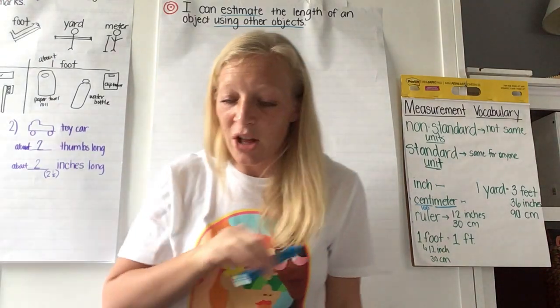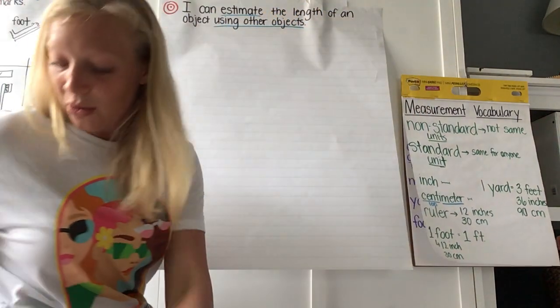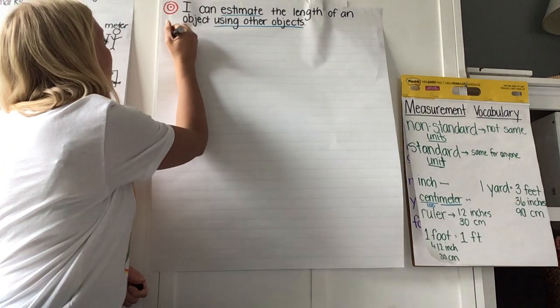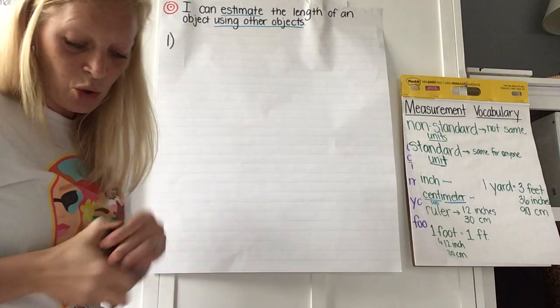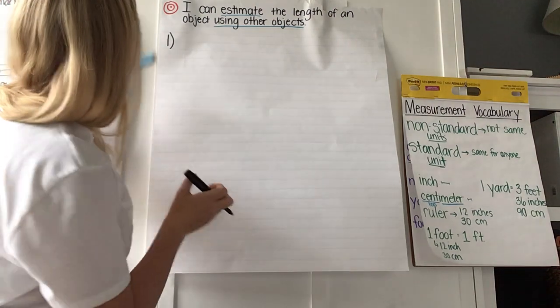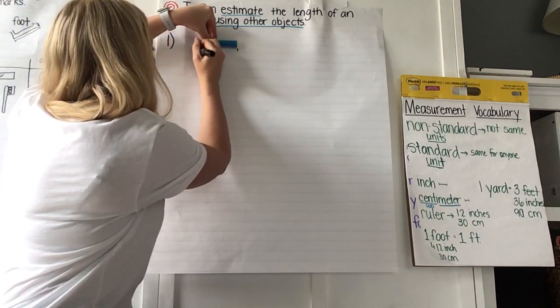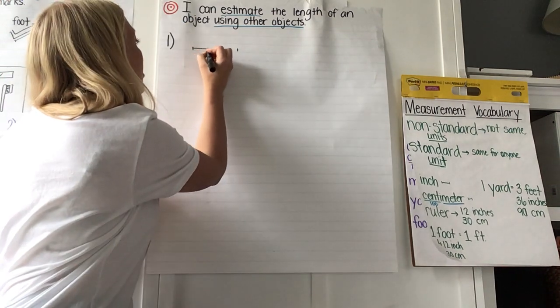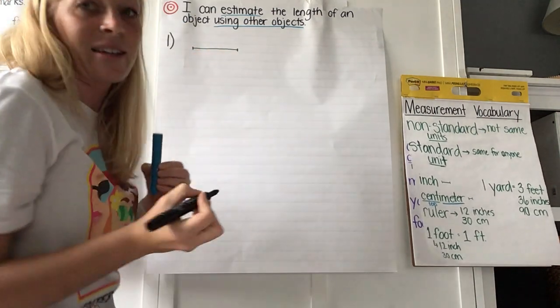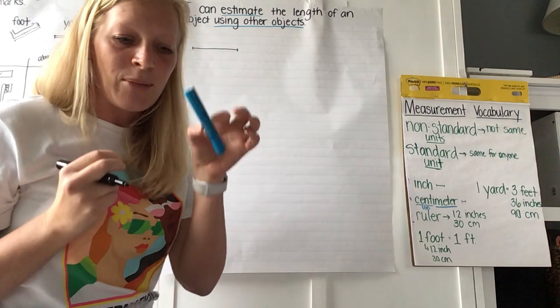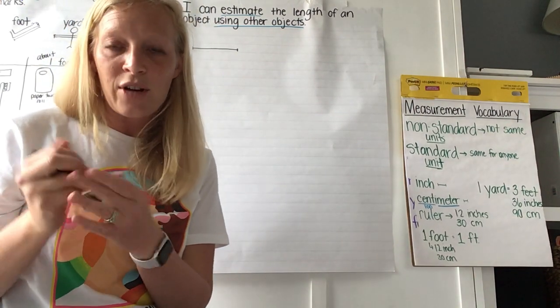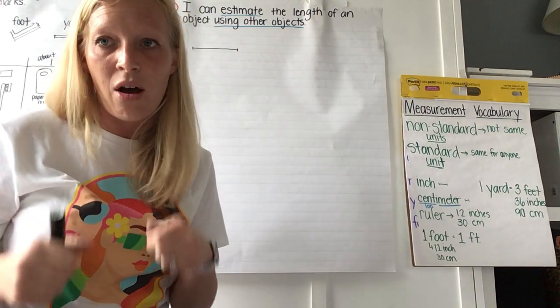That is our first launch, and I am going to put a number 1 here, and we're going to make a guess, but I'm going to put this marker up here. I chose a marker, my friends, because I bet that you have markers at home that you can do the same kind of practicing with, right? So I'm trying to choose objects that I know you have at home that you can do right along with me.